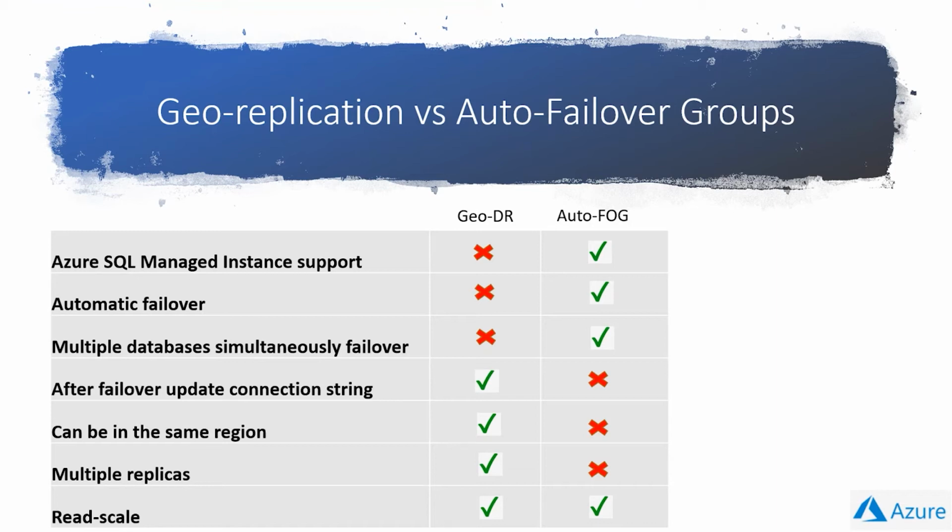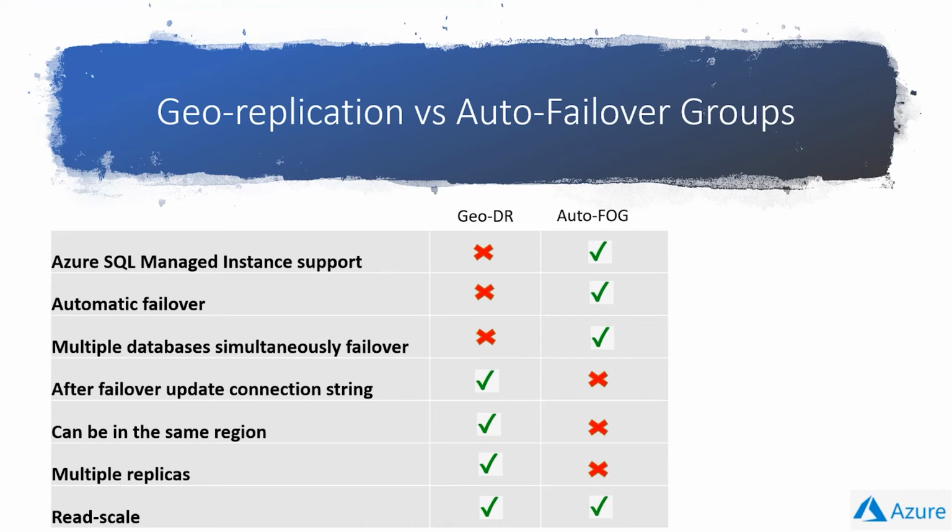So basically, you don't have to touch anything. This is done in an automatic way. Azure is doing it. Now, of course, if you want to do the failover in less than 1 hour, you say, okay, I need a failover now, even if I lose some data, because this is an asynchronous unplanned failover. So you can always do the failover manually or through your application if you want.